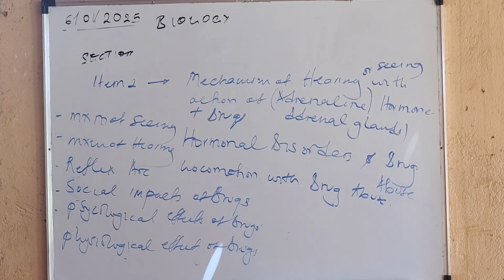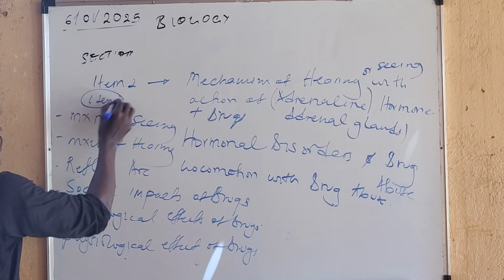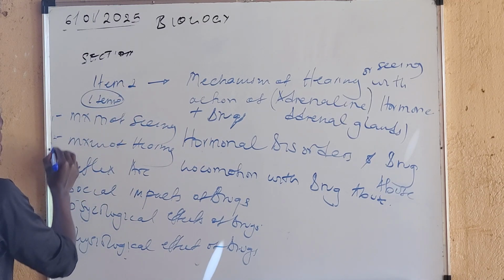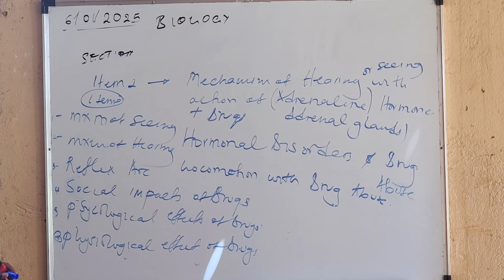Am I clear? So that is the basis of assessment of item 2. So we have 1, 2, 3, 4, 5, and 6. You must enter an exam where you know them very well.